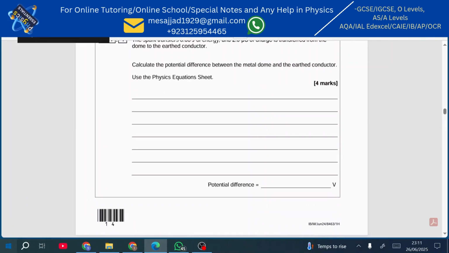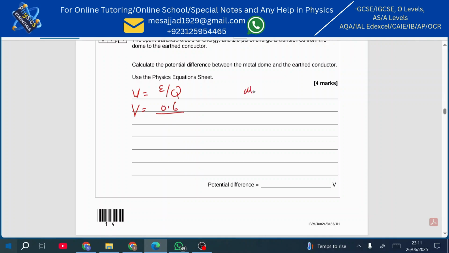So first of all, you should know from the formula sheet that the potential difference, which is V, is equal to energy over charge. The energy that is given here is 0.6 joules, and charge is given in microcoulomb.